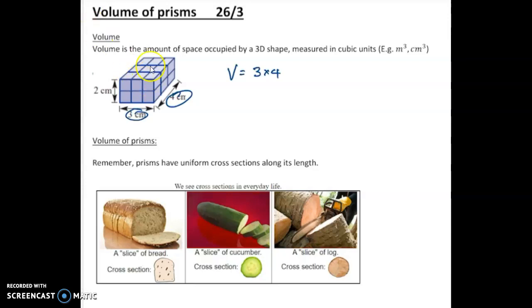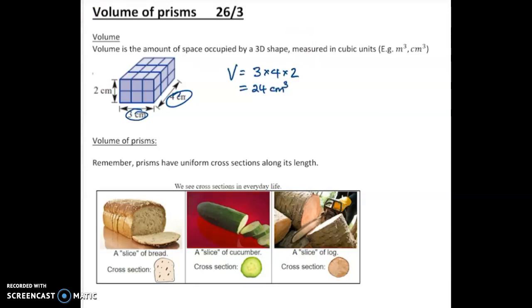And at the top, we have the same amount of cubes. Okay, and so we are doubling the volume there. And so the total number of cubes would be 24. Okay, and because each cube is in centimeters, we can say the volume for that prism is 24 cubic centimeters.